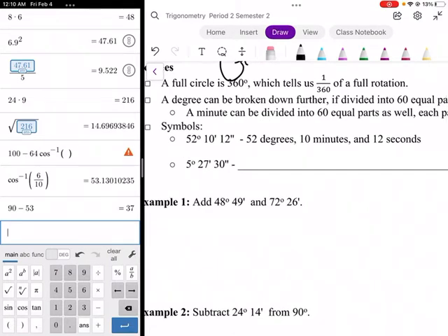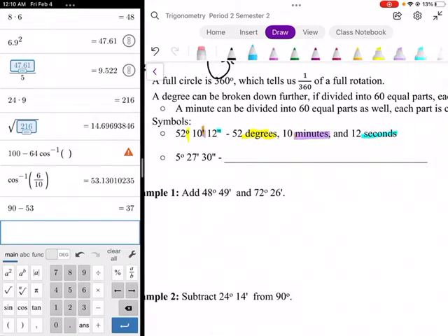When we're talking about symbols, we already know that the degree symbol is kind of like a little o. The minute symbol is going to be 1 apostrophe. That represents minutes. I guess let's do that a different color, purple. And then seconds are 2 apostrophes together.